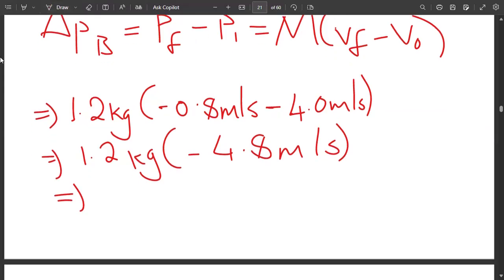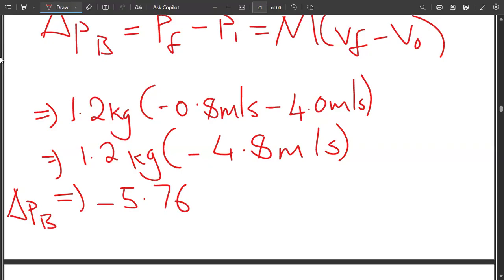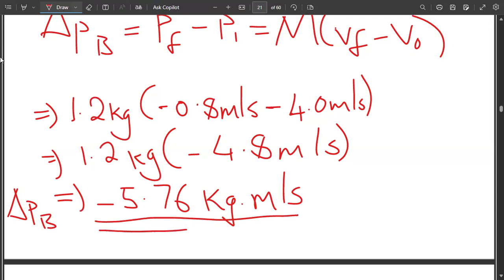From here, we multiply 1.2 kilograms by negative 4.8 meters per second, and this gives us the change in momentum of B to be equal to negative 5.76 kg meters per second. So this was the change in momentum of ball B.